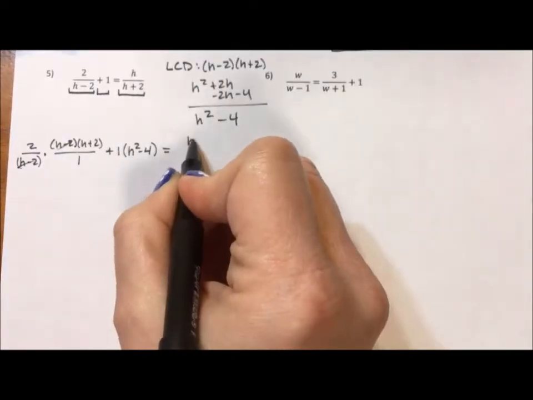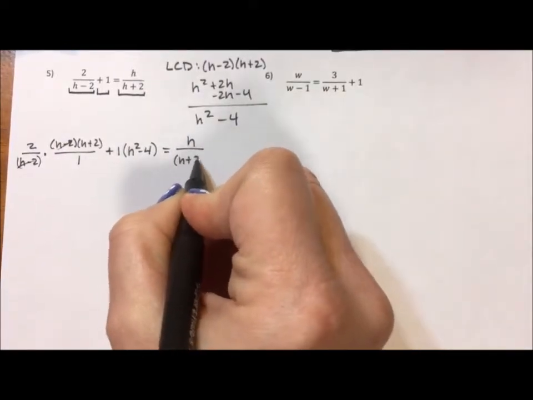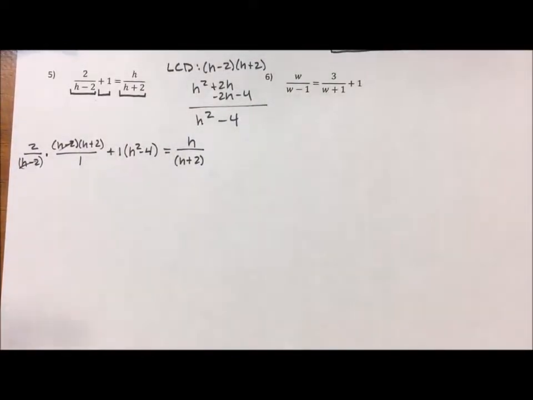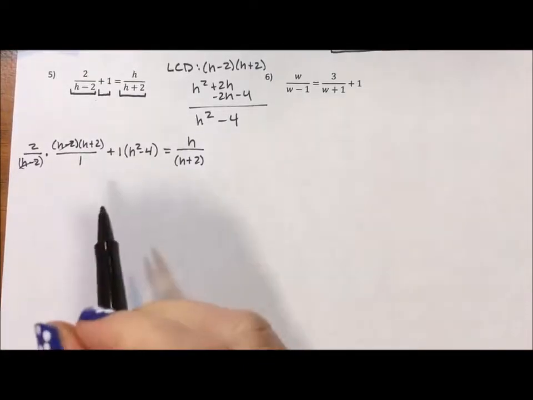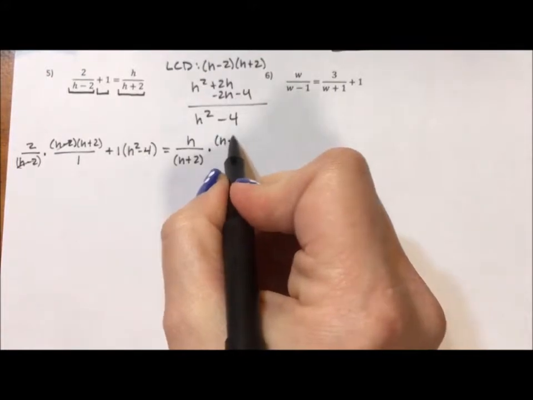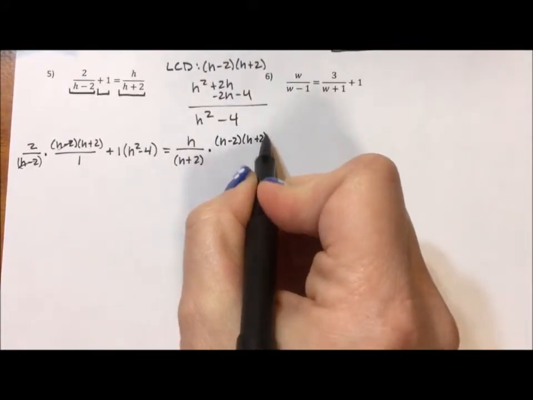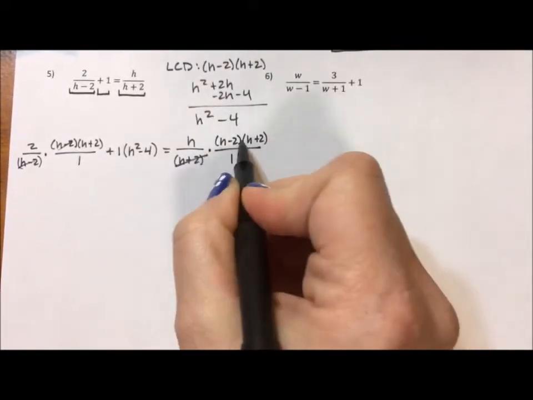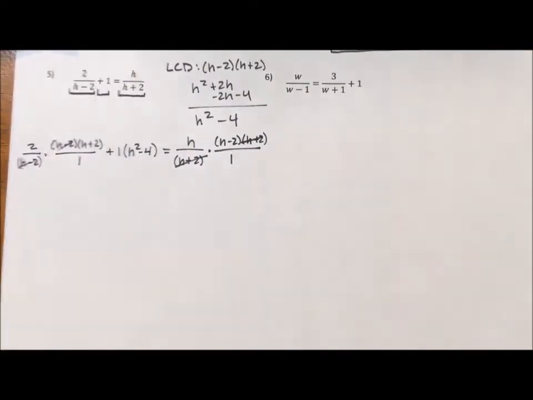My last term, h over h plus 2, I could do the h squared minus 4, but then I have to refactor to reduce, so I come back to the factored form, h minus 2, h plus 2 over 1, so my h plus 2's can cancel. I like the two forms because it's easier to have this middle term pre-multiplied out.